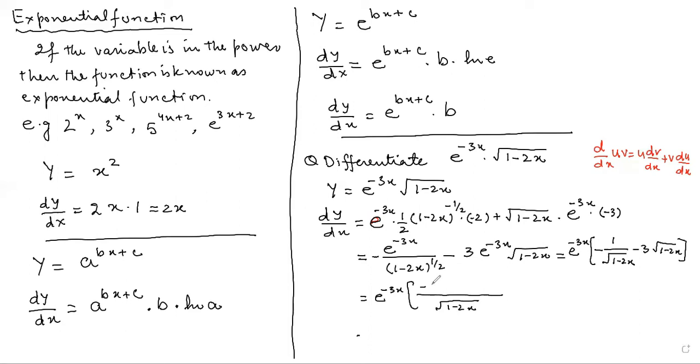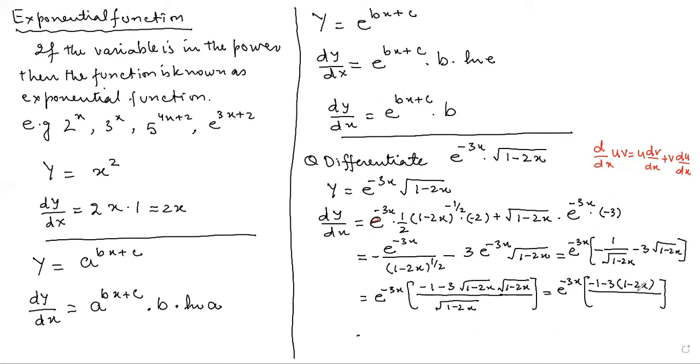Here we have minus 1 minus 3 under root 1 minus 2x into under root 1 minus 2x. e raised to minus 3x, minus 1 minus 3, as the base is the same, 1 minus 2x. The power is 1 by 2 and 1 by 2. 1 by 2 plus 1 by 2, the power is 1.